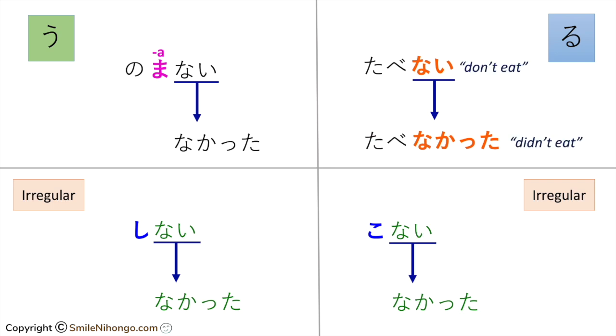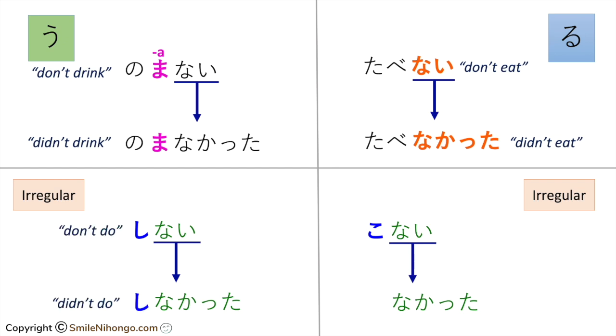So the RU verb 食べない, don't eat, becomes 食べなかった for didn't eat. The U verb 飲まない, don't drink, becomes 飲まなかった for didn't drink.